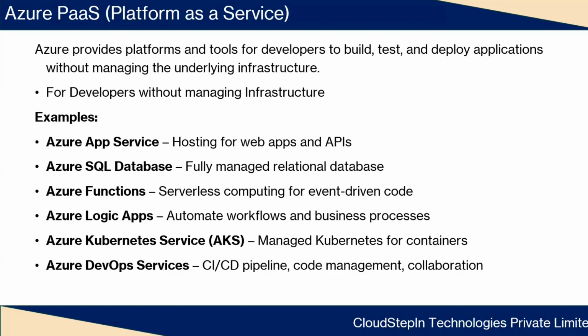Now let's look at the third and final cloud service model, SaaS. SaaS means software as a service. With SaaS, end users don't need to install or maintain any software. The applications are fully managed by the provider and are accessible through the internet.